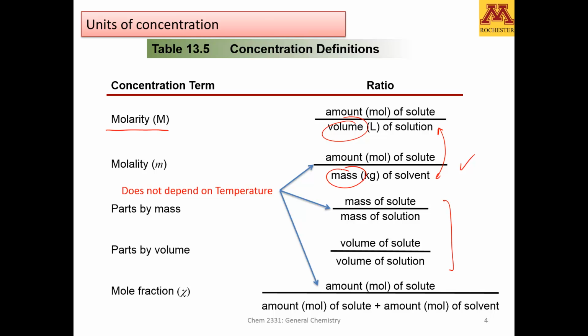However, mass does not change with temperature. So everything that has mass or moles in the denominator will not depend on temperature. However, if you have volume, that will change with temperature. In this course, because we will deal mostly with solutions at room temperature, we are very happy with molarity, and that's the unit that we will be using the most.